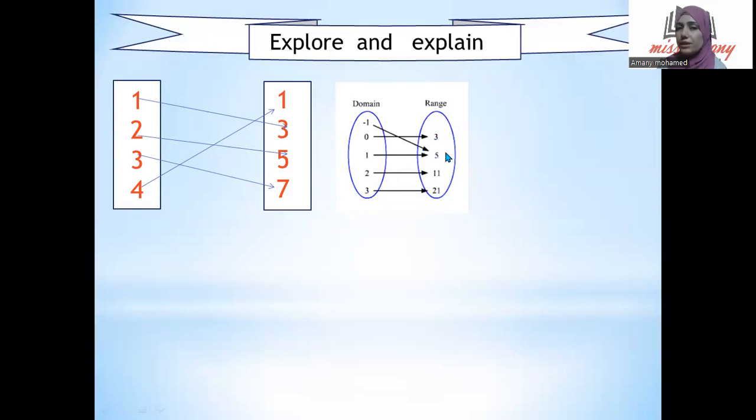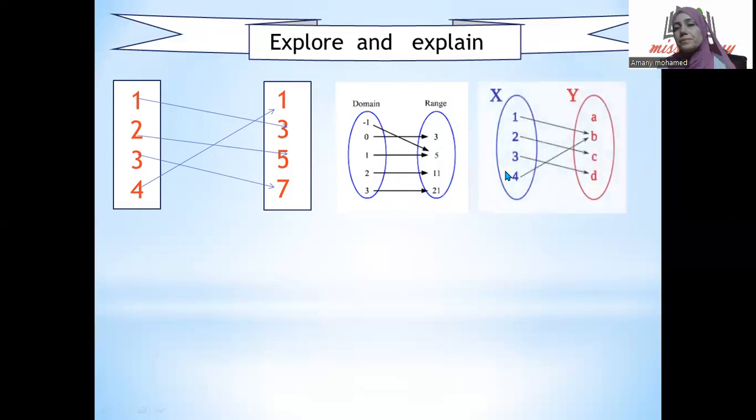Yes, 3, 5, 11, and 21. Also, the codomain here is 3, 5, 11, and 21. Also here, the domain is 1, 2, 3, 4. The codomain is A, B, C, D. But the range here is, Mona? Yes, B, C, and D.